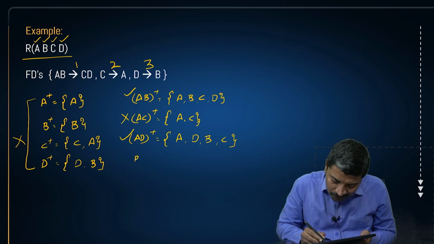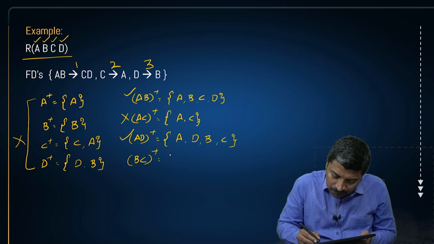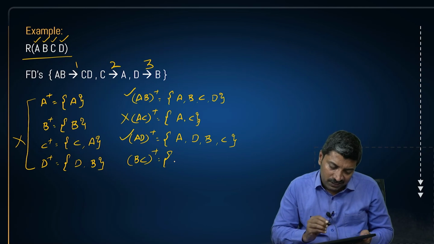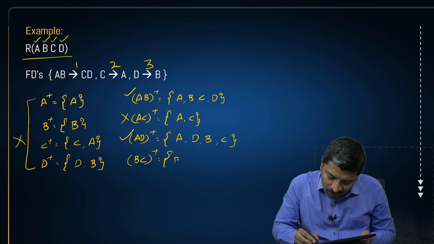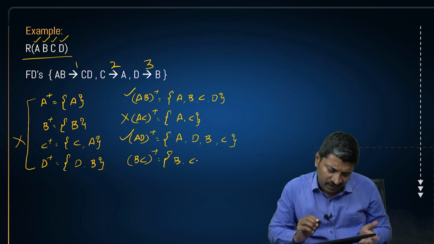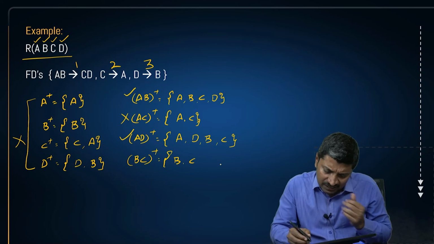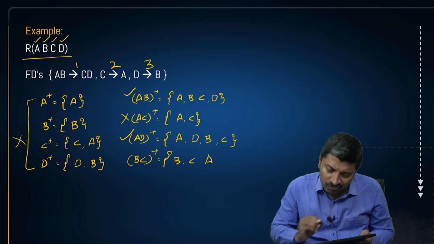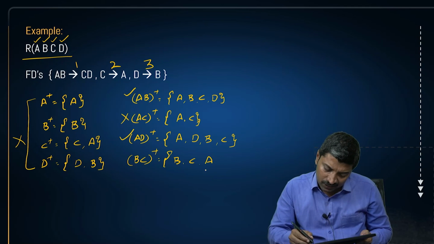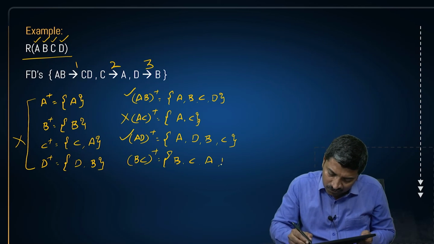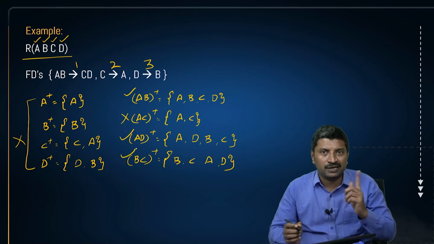What are the remaining possibilities, sir? BC plus. What is BC plus? Surely we will have 2 attributes, B and C. Anything else? C implies A, so we have A. Anything else, sir? AB implies CD, so we can write C as well as D. So this is also a candidate key.